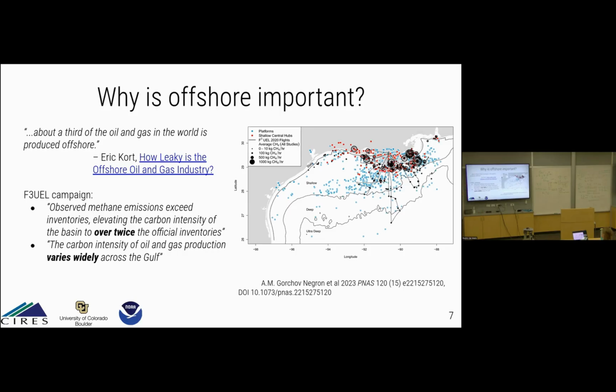So we know that what these people are reporting is not exactly 100% consistent with his observations from the field campaign. And the carbon intensity of oil and gas production varies widely across the Gulf. Depending on the platform type and location, some of those would be leaking more, some of those would be leaking less, and sometimes much more than expected and much more than reported.